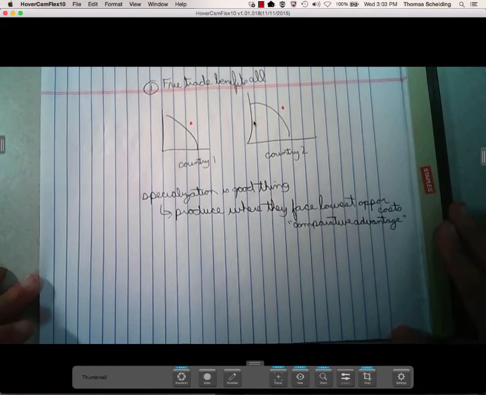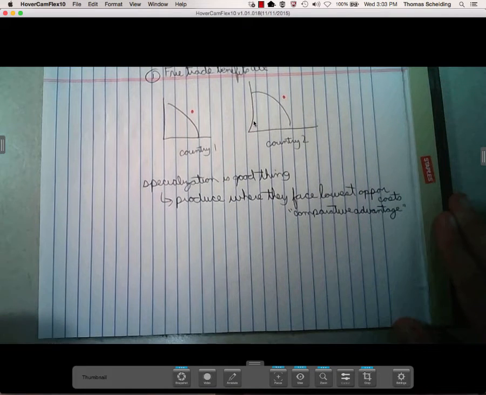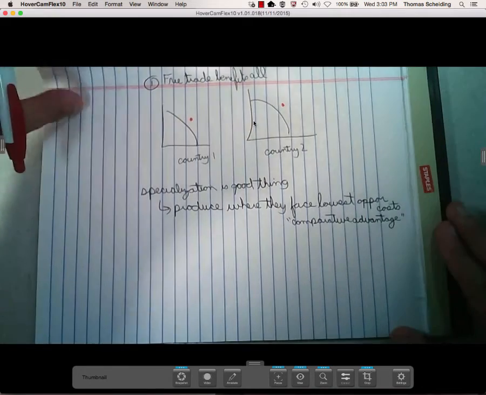Let me set up a brief example about how that would exist.